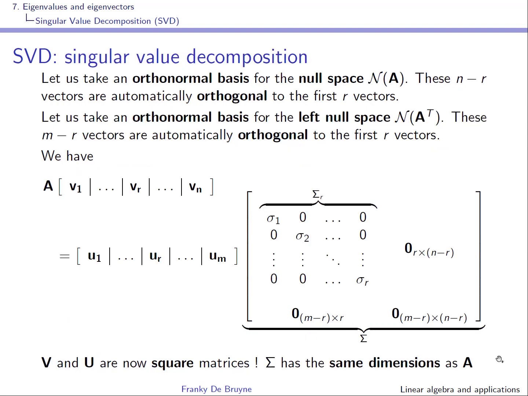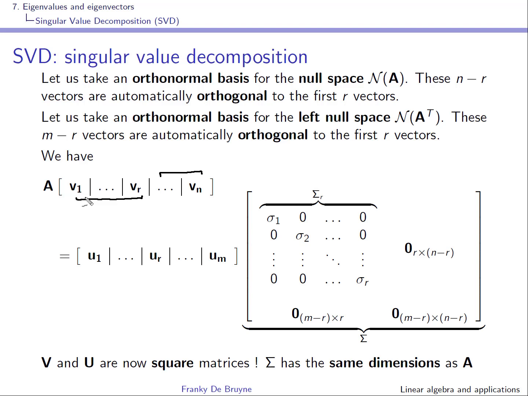Well, let us take an orthonormal basis of null space, and we've seen that we can obtain that using Gram-Schmidt, right? An orthonormal basis will have n minus r vectors, and these vectors are orthogonal to the first r vectors. That's simply because the null space is the orthogonal complement of the row space. So these n minus r vectors, we stack them over here just next to the first r vectors that are coming from the row space.